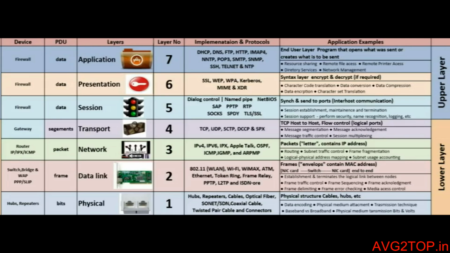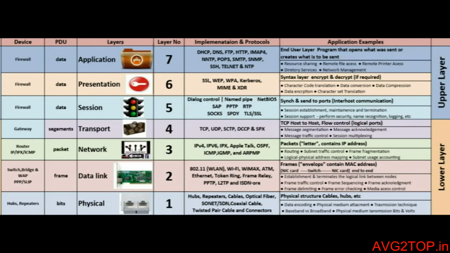In the physical layer, the transmission technique and the physical medium of transmission, bits and volts, are discussed. So here the transmission medium can be cables such as optic fiber, twisted pair cables, or coaxial cables, because it is a physical medium that connects two different computers or devices to the network.